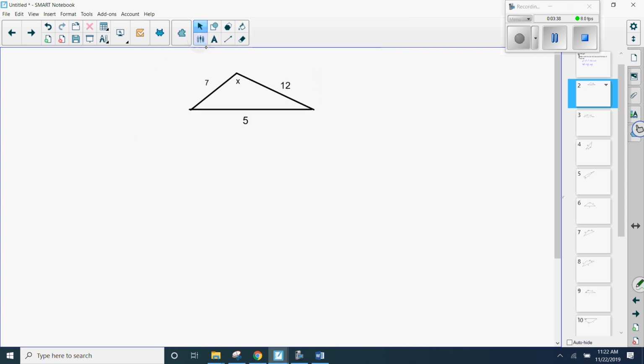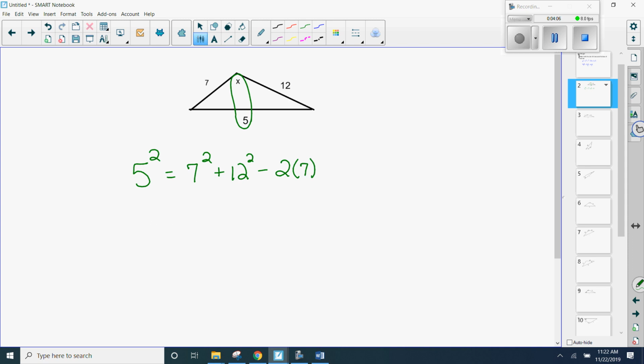So I circled all 3 colors, the side and the angle opposite, and we didn't have a pair that existed. But I do want to find this pair right here. And that's going to be what starts and what ends the law of cosines. So if we write this, we're going to have 5 squared is equal to 7 squared plus 12 squared minus 2 times 7 times 12.